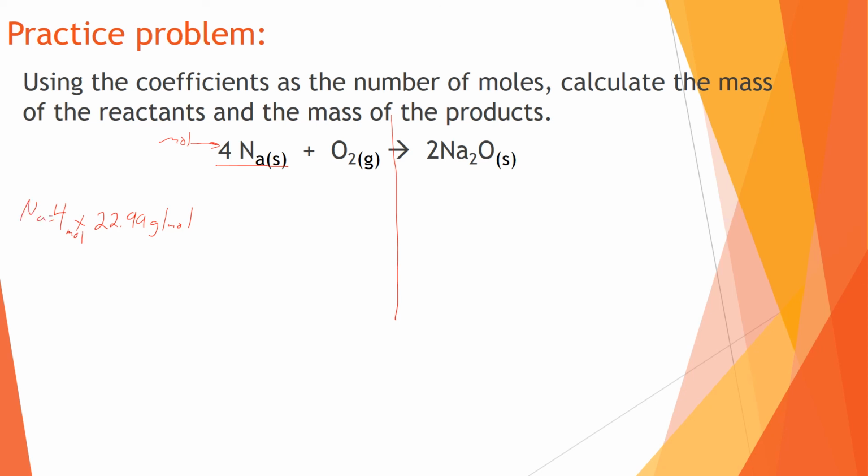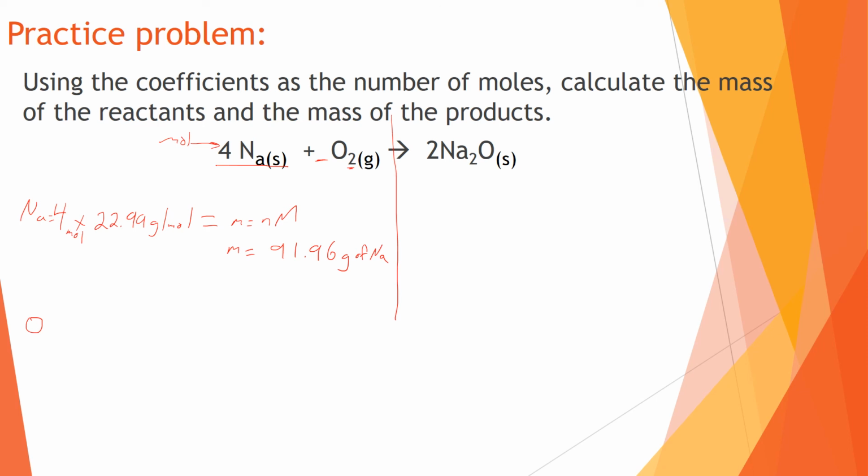How many grams of sodium do I have on this side? Remember, to figure out mass, I take my number of moles times my molar mass. So 4 times 22.99 gives us a mass of sodium of 91.96 grams.